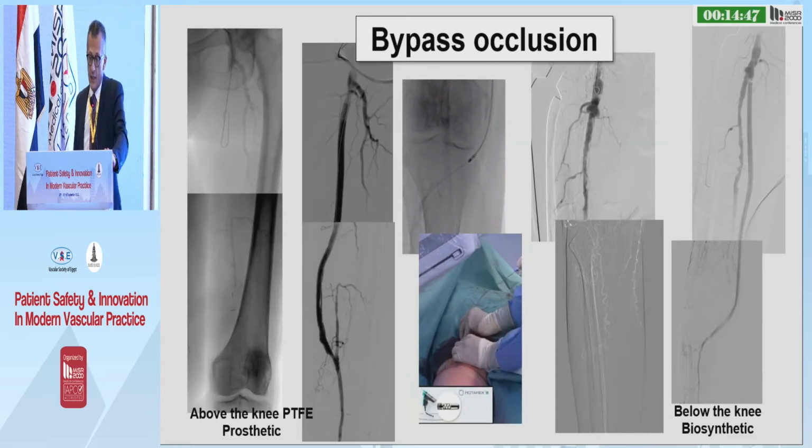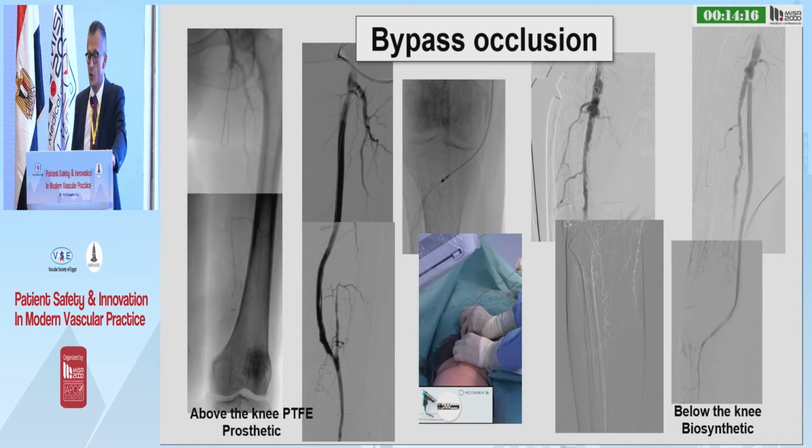It is also possible to use this device in bypass occlusion. We are vascular surgeons, so we know well how distressing it is to redo bypass surgery in patients with many previous surgical revascularizations in the same leg, and redo bypass surgery has poor long-term results when autologous vein is not available.